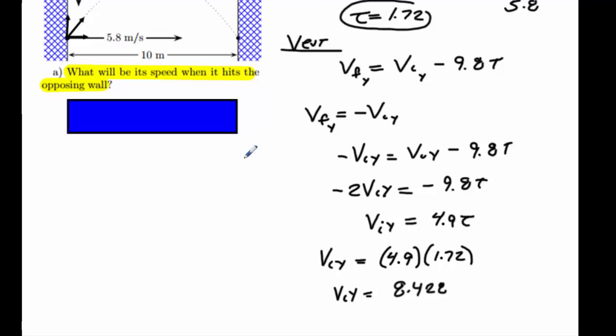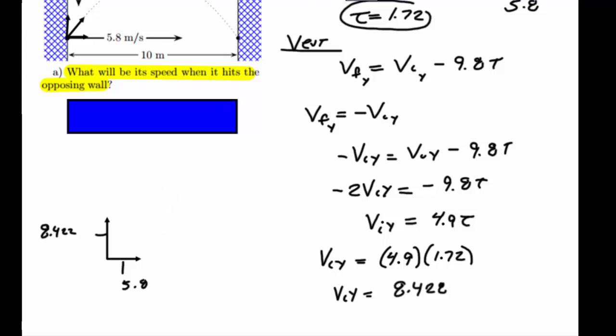Alright, so now let's find out what the actual velocity was here. We'll draw our two components. I have one vector coming up this way, and one vector coming out this way. This vector here will be the 8.422. This vector here will be our 5.8.